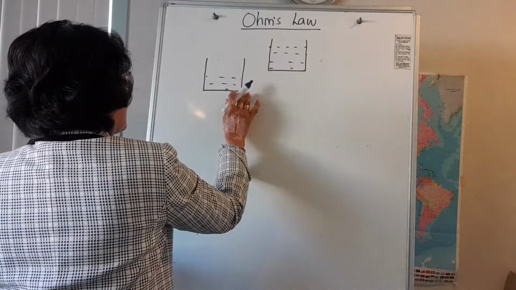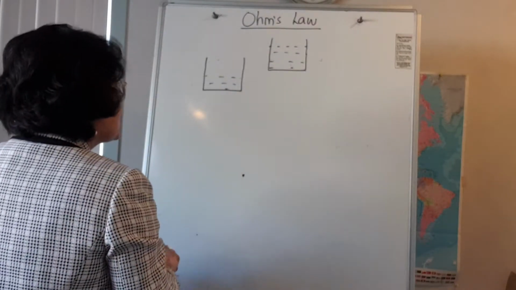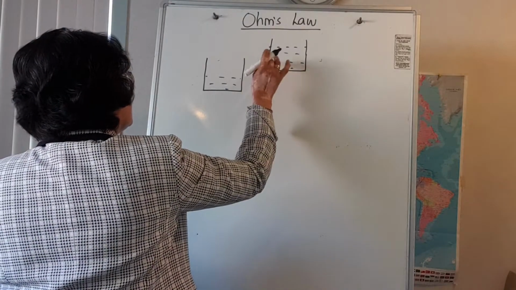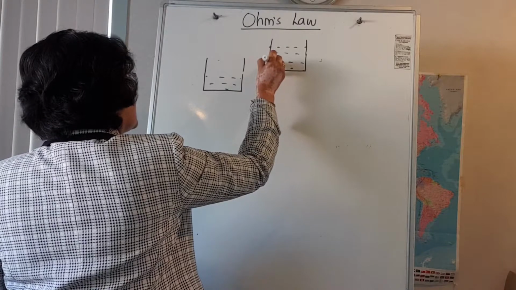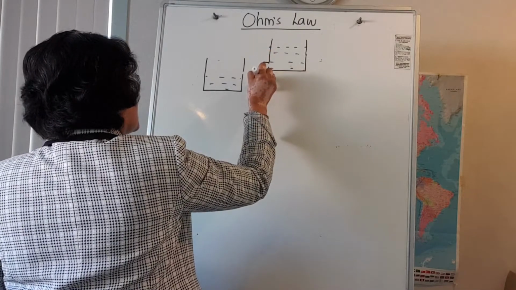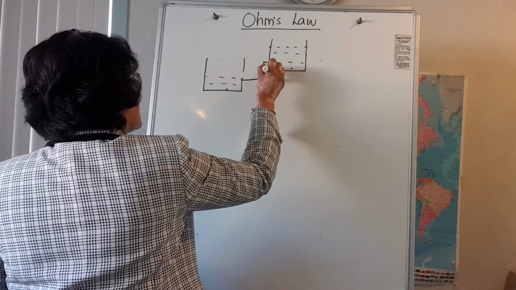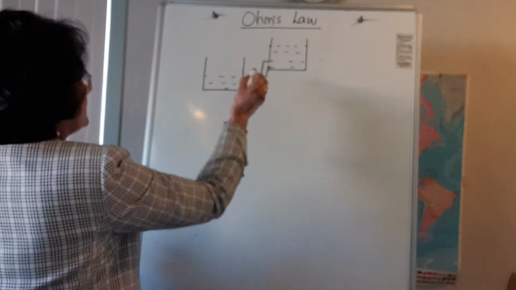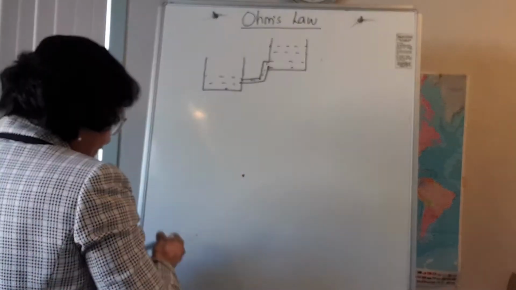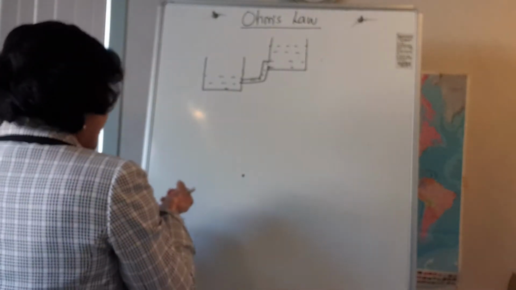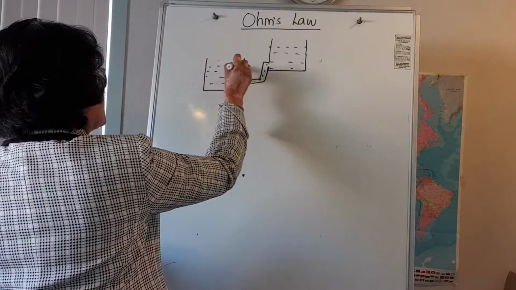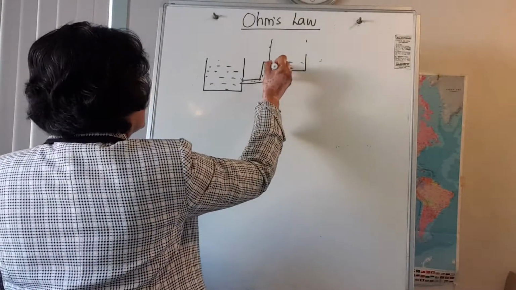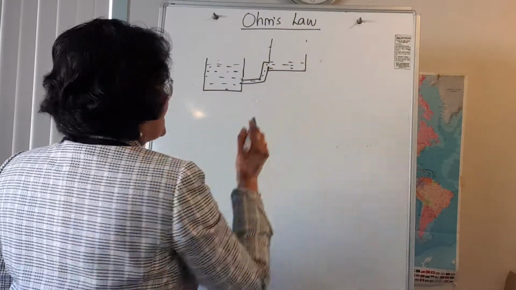These are two tanks at two different heights, and if they are connected some way or the other, the water is going to flow through from one to the other, so that the level of water in this rises as the level of water in the other one decreases till they're both at the same level.